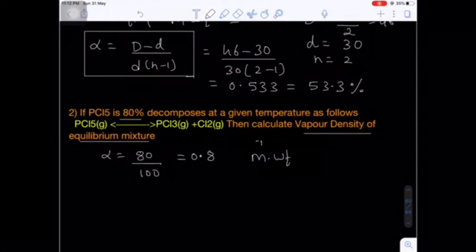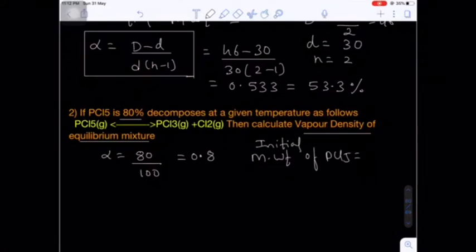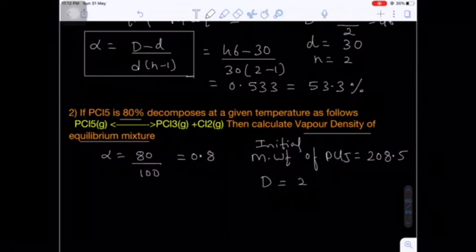Okay. What is the initial molecular weight of PCl5? Do you know phosphorus atomic weight is 31? Chlorine atomic weight is 35.5. So if you see, the total molar mass is 208.5. Now what is the vapor density?